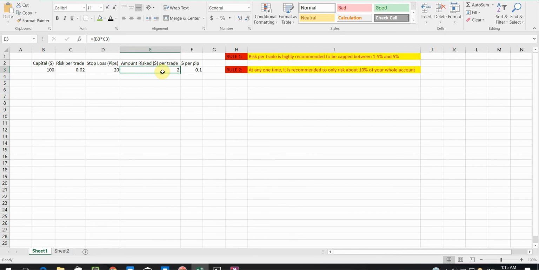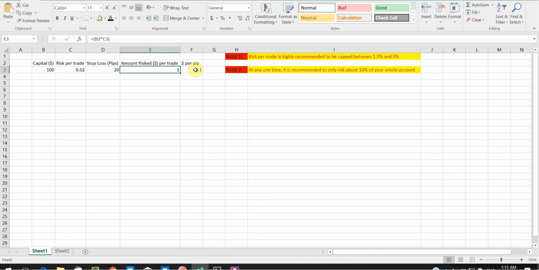So you are risking $2 for every trade you are taking, with a stop loss of 20 pips. This means that in the worst case scenario, when the trade goes against you and hits your stop loss, you will lose $2, which is 2% of your $100 capital.